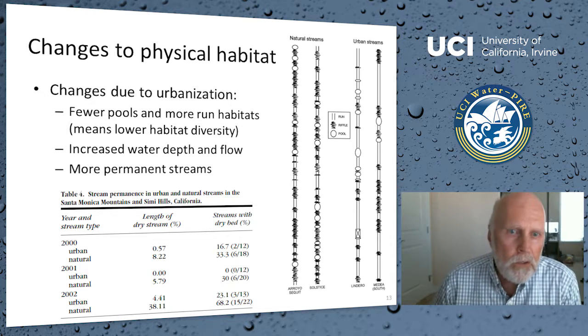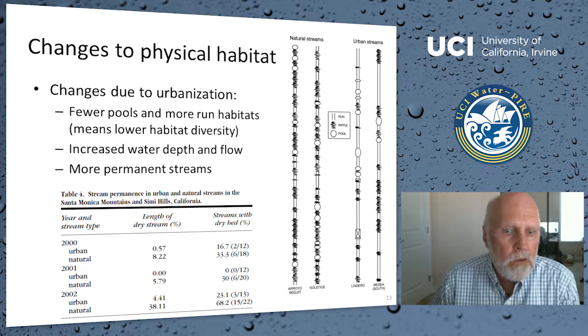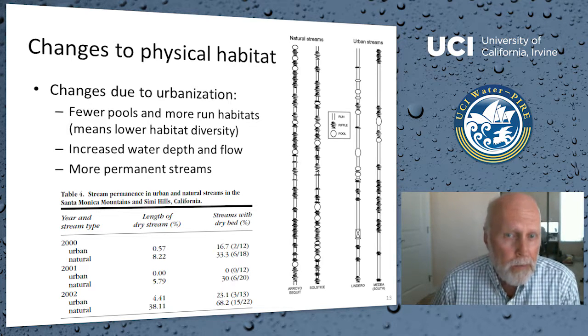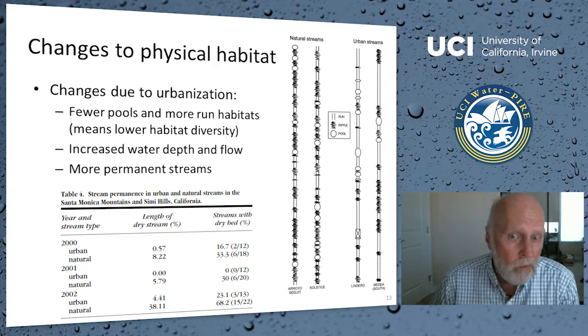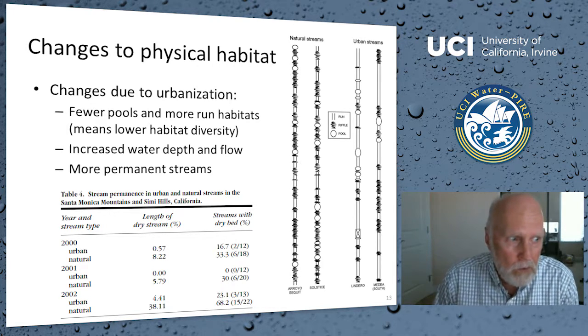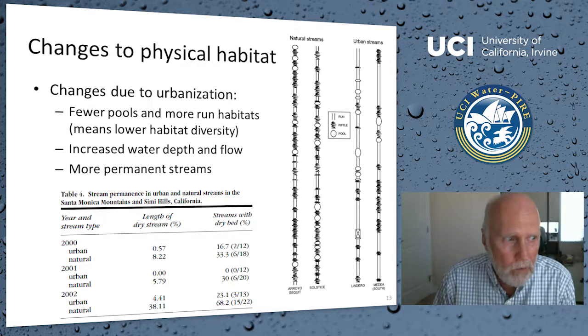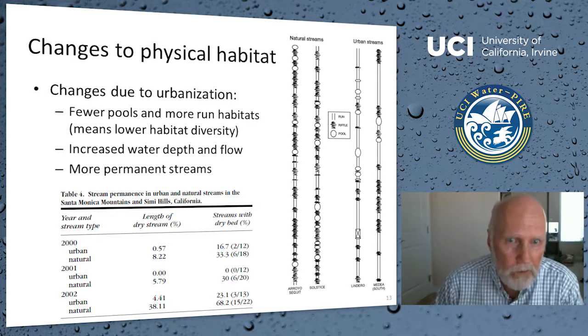And so what you see on the left is that there's a lot of riffles. There are quite a few pools in these streams, and then there are some sections of runs. When we look on the right at what the habitat distribution looks like in urban streams, what we see is fewer pools and many fewer riffles and a lot of runs.